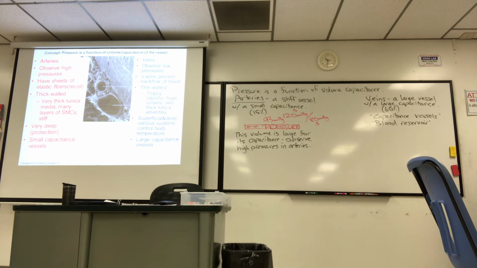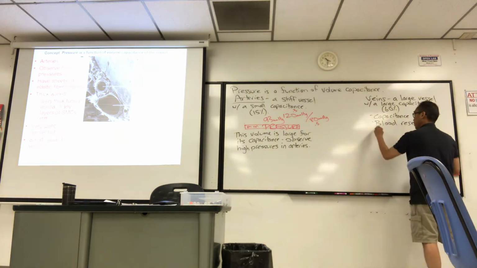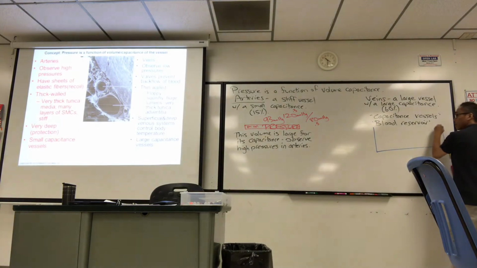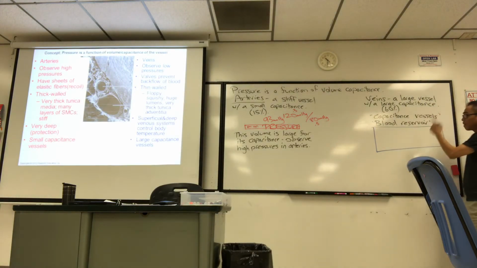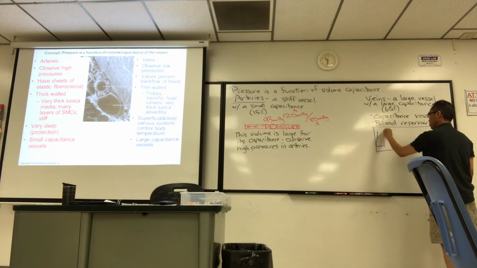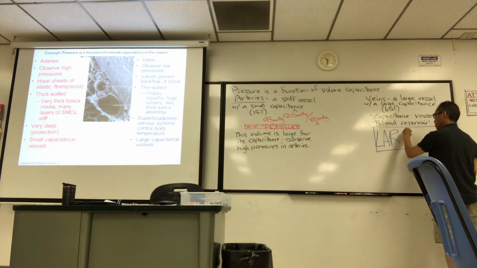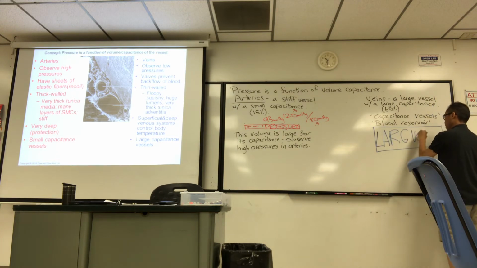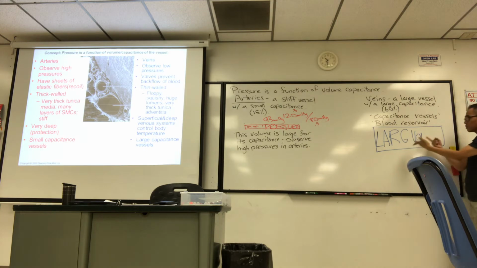Okay. So, in veins, we'll draw the tube a lot bigger, right? They hold large volumes, but this large volume is small for its capacitance. So large volume. But they could hold a lot more. Okay? So you observe low pressures. Low pressure.